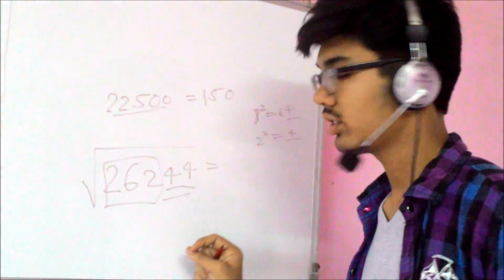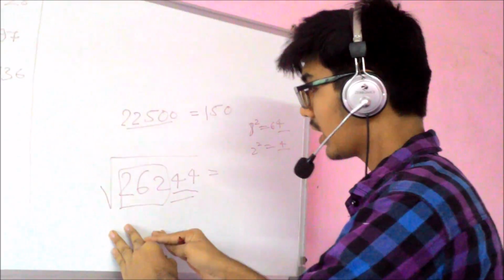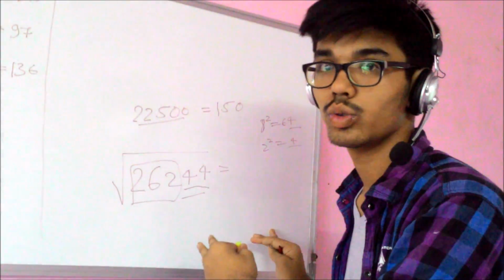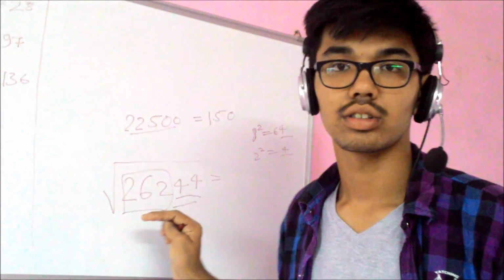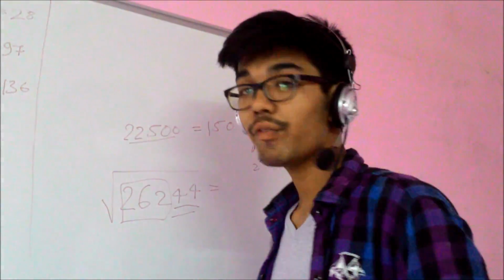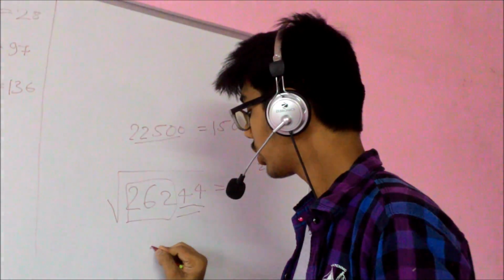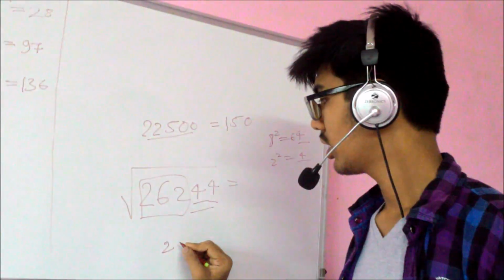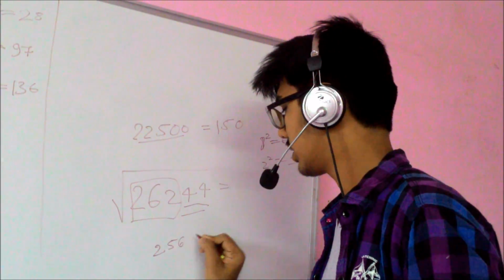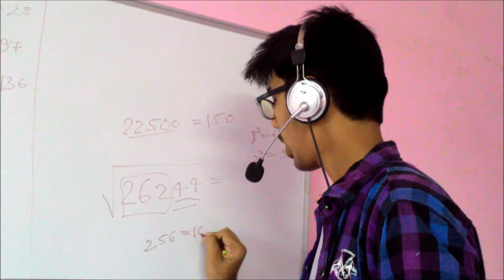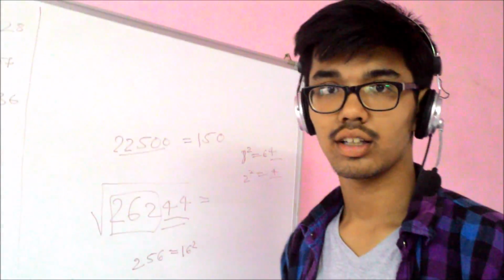First three numbers, that is the remaining part, excluding the last two. The perfect square nearest to this is 256. That is the square of 16.